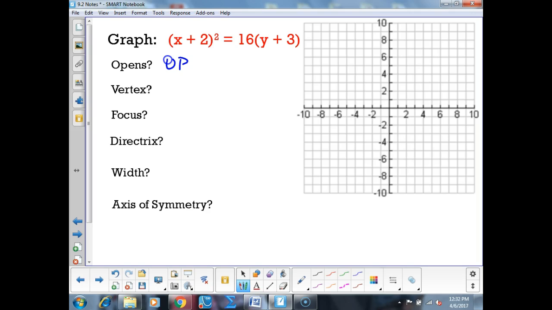What is the vertex? -2, -3. What is my p value? P equals 4.